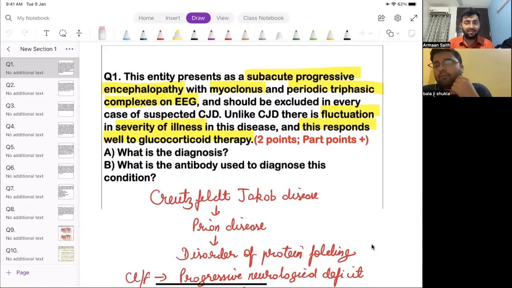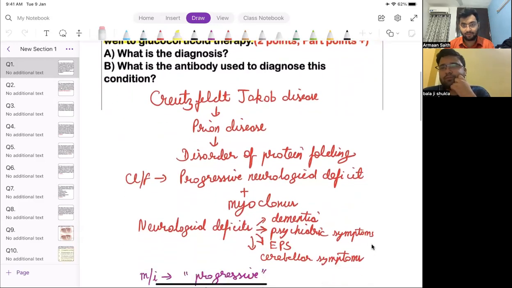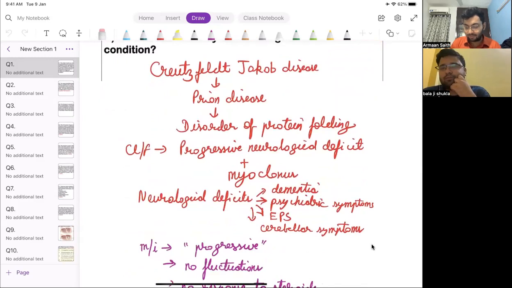So before knowing the answer, let's talk about CJD. CJD is Creutzfeldt-Jakob disease. Creutzfeldt-Jakob disease is actually a prion disease. Now, this is a disorder of protein folding. Therefore, in this, the proteins are misfolded. It presents as a progressive neurological deficit with myoclonus. The key word being progressive.